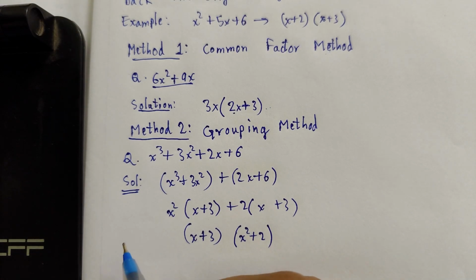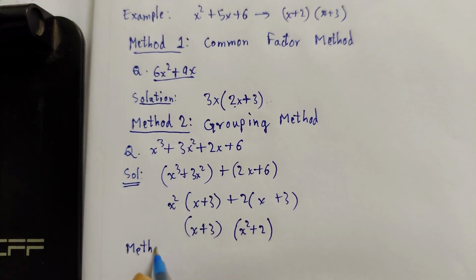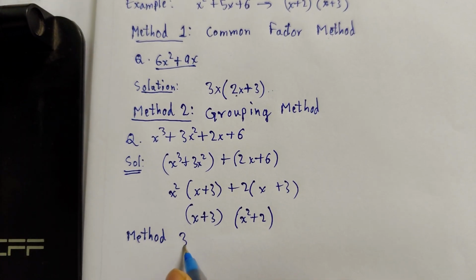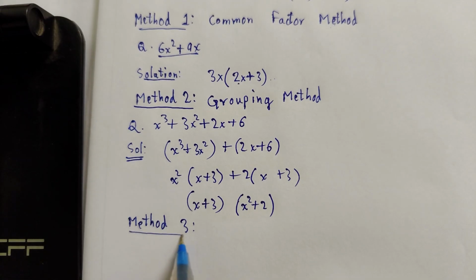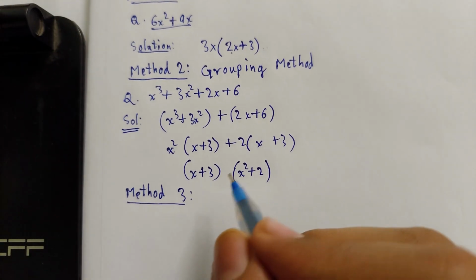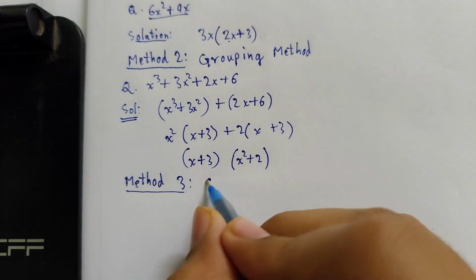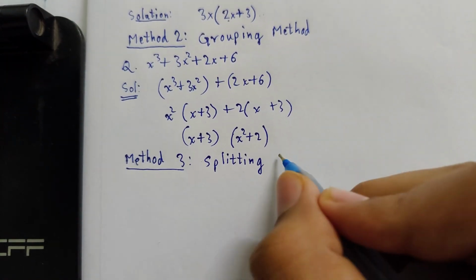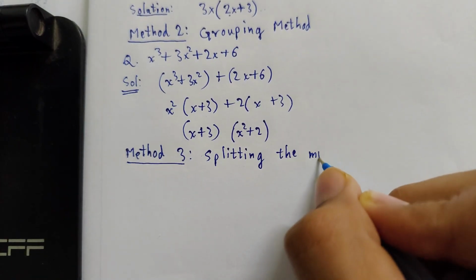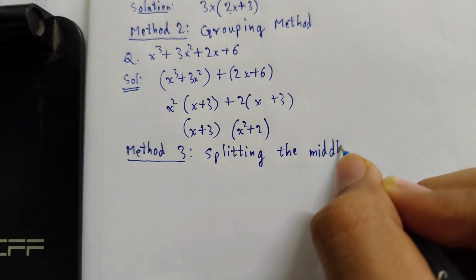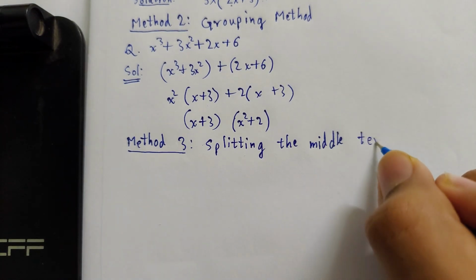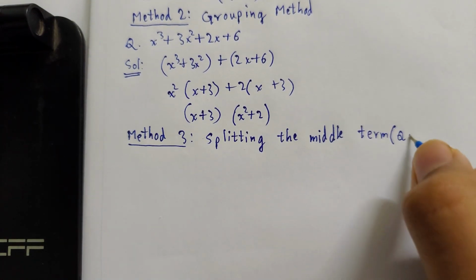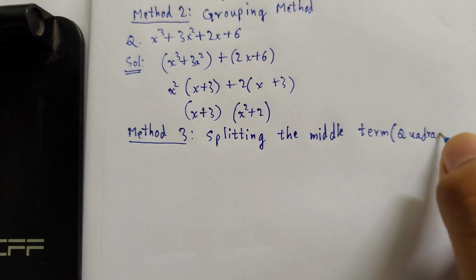Now we're going to move into method number 3, which is splitting the middle term, for quadratics.